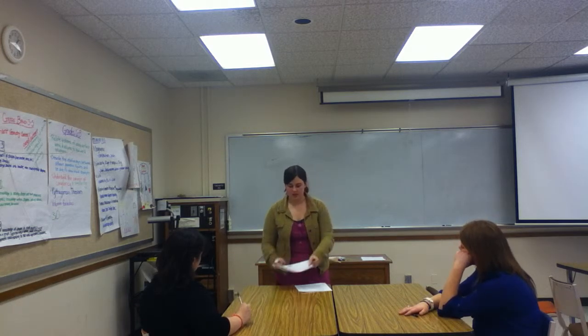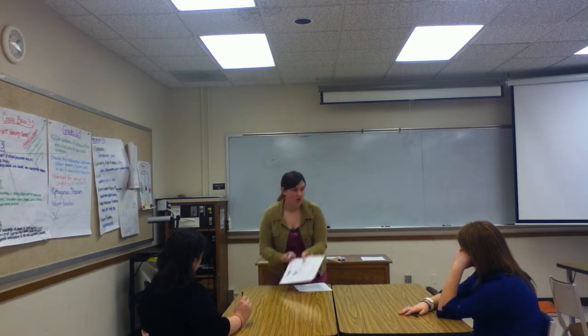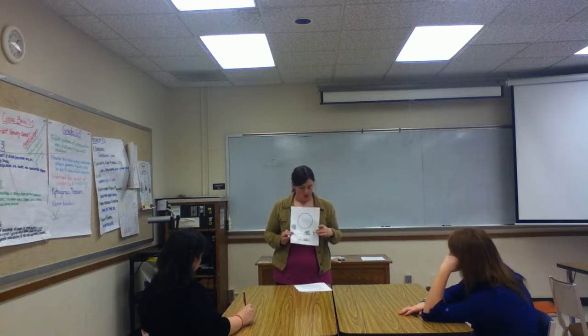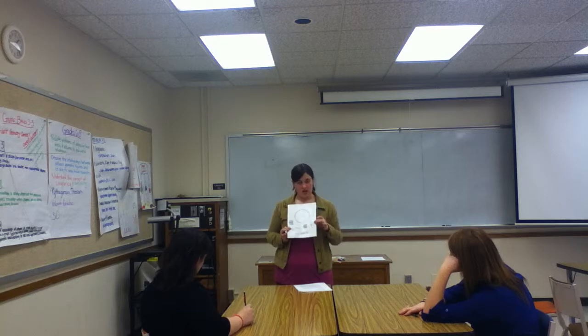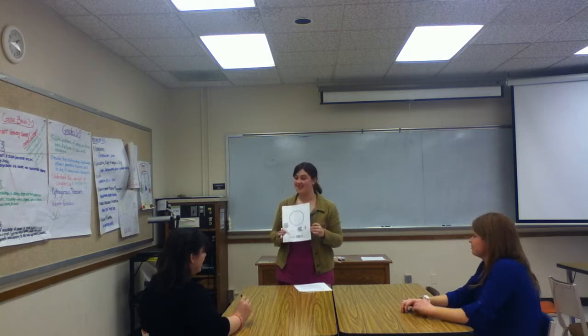Now, we had originally said that this circle was 1 over 1. So we can see that 1 over 1 is the same amount as 100 over 100. And to get from 1 to 100, do you guys know what you can multiply 1 by to get to the number 100? 100. Right, 100.